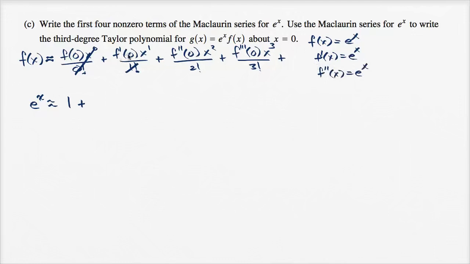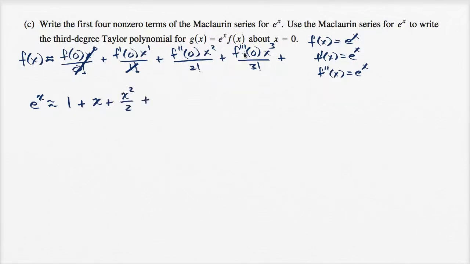So the first derivative evaluated at 0, well, that's still e to the 0 power times x to the first. So plus x. And then we have the second derivative evaluated at 0. Well, that's still 1, so it's 1 times x squared over 2 factorial. So we could say plus x squared over 2. 2 factorial is just 2 times 1.